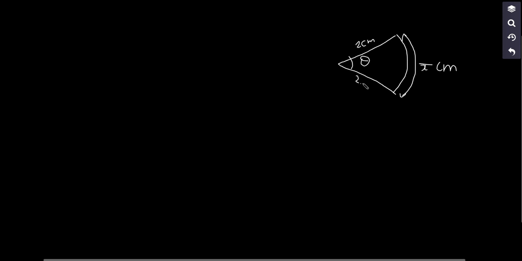This is also 2 centimeter because it's the radius. Now a circular arc of length pi centimeter. This is the arc. Now we need to find the angle theta subtended by it at the center in radian and degree.